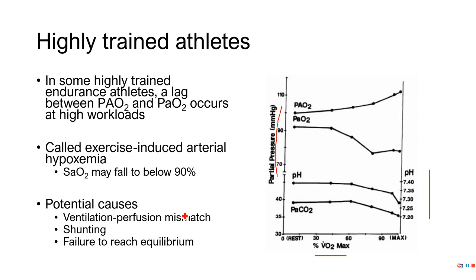There could be a ventilation-perfusion mismatch. We could be shunting, so we could have lots of blood going through those intrapulmonary or extrapulmonary shunts. Ultimately, what's happening is some people aren't reaching equilibrium, and as a result, saturations may fall below 90%, which is relatively low. But this generally only occurs in highly trained athletes. So that's challenge number 3.